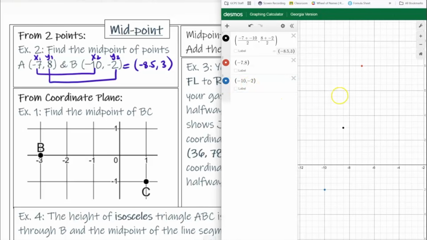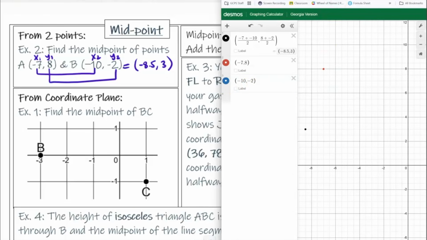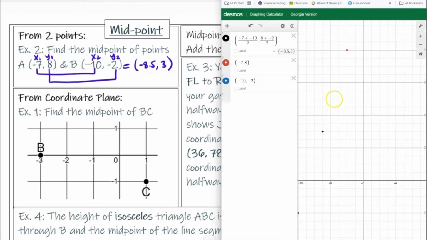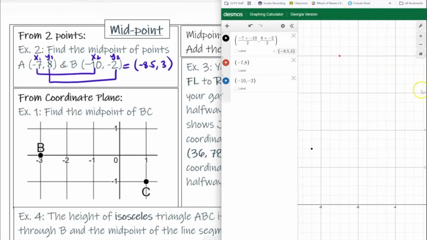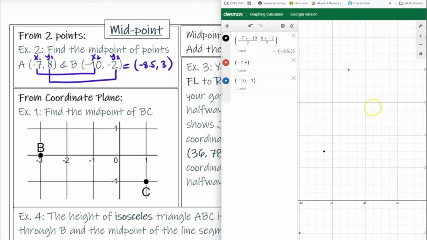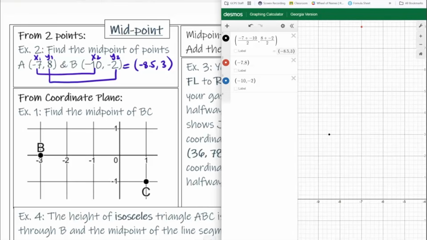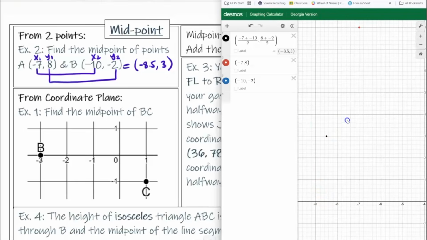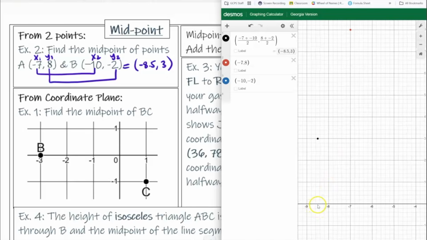Does it make sense for the middle of this line to be -8.5, 3? So -8.5 is around here, and then 3 is right here. That makes no sense.